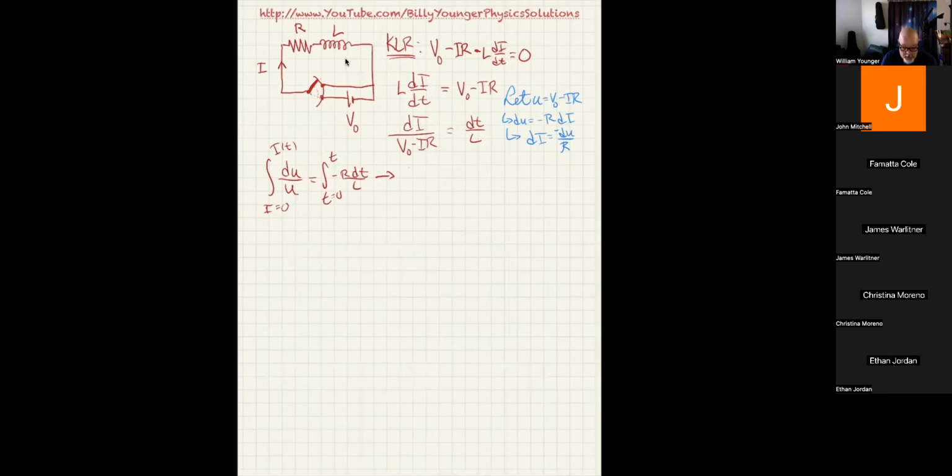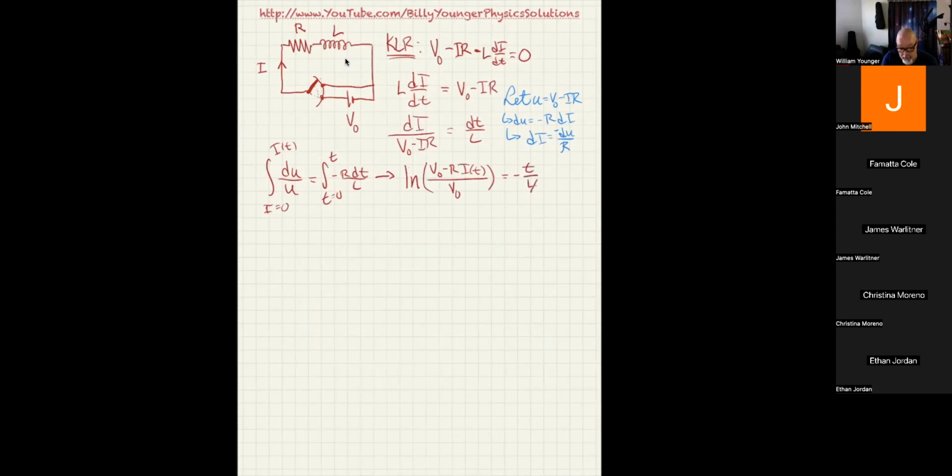So in this case, I'm going to get the natural log of V0 minus R times I of t, and again, that's just reiterating that I is a function of time, all over V0. And this side is just going to be really simple. It's going to be negative t over L over R. I'm writing it this way for a reason.